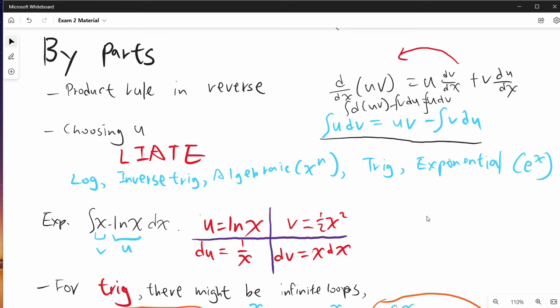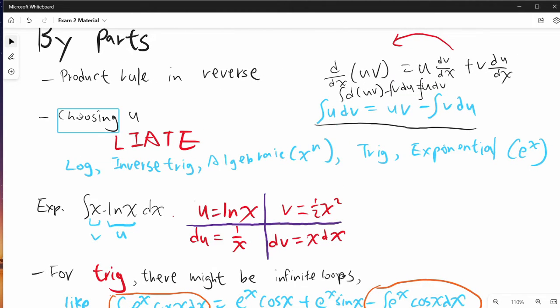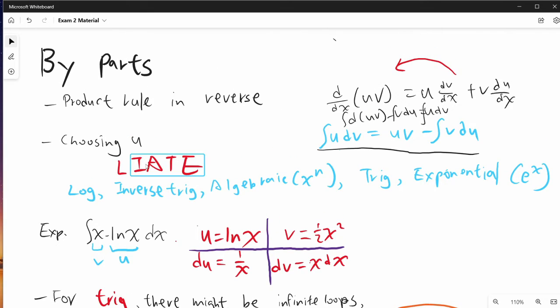The next important thing for integration by parts is how to choose which part of the equation you choose as u. I'll go through an example later, but LIATE is generally the rule, right?